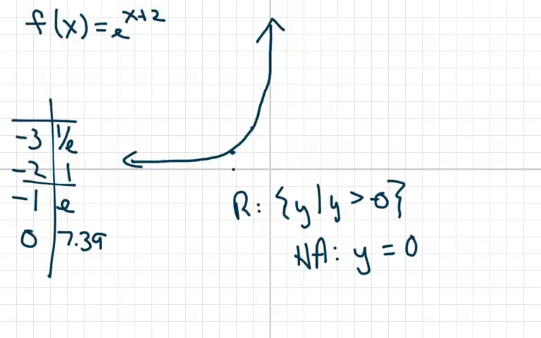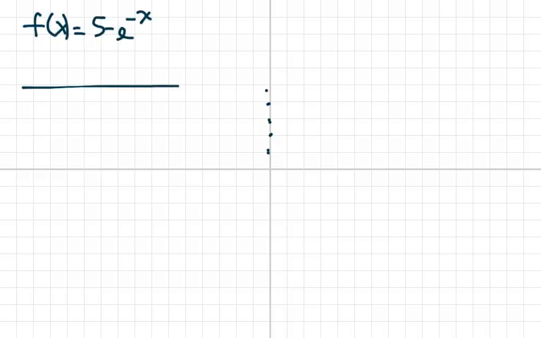Now 49, we have f of x equals 5 minus e to the negative x. So we're going to reflect this about the y-axis, and we're also going to reflect it about the x-axis, and we're going to shift up by 5. So I know I have a horizontal asymptote at 5: 1, 2, 3, 4, 5. 0 is going to go to 4.